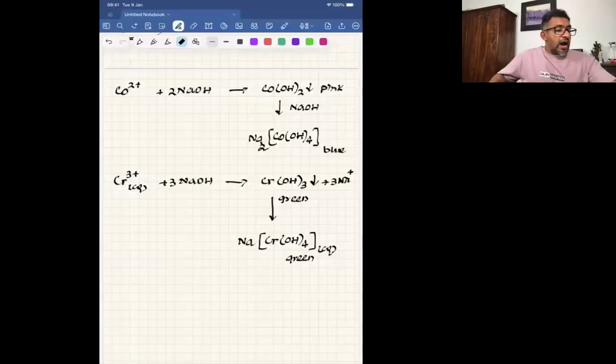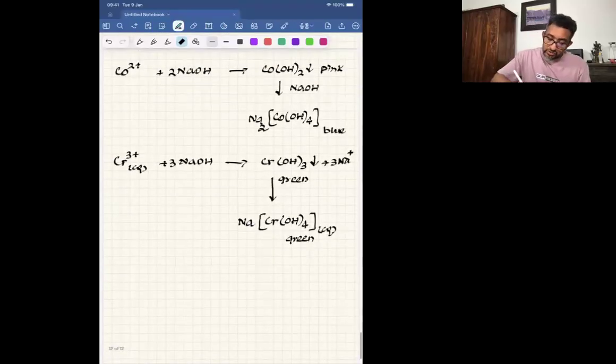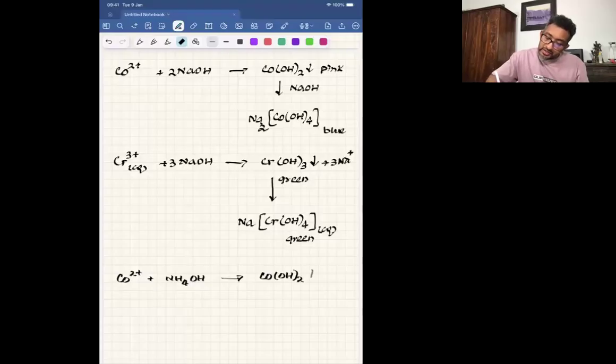Right? Under a certain condition, reaction between aqueous ammonia and aqueous solution containing cations in the lowest oxidation state of M appears to be different from that reaction above. How do you explain it using the balanced chemical equation? Right. So cobalt plus 2, if you add the ammonium hydroxide to this, what will happen? First thing is it gives you cobalt hydroxide precipitate, the pink color precipitate.